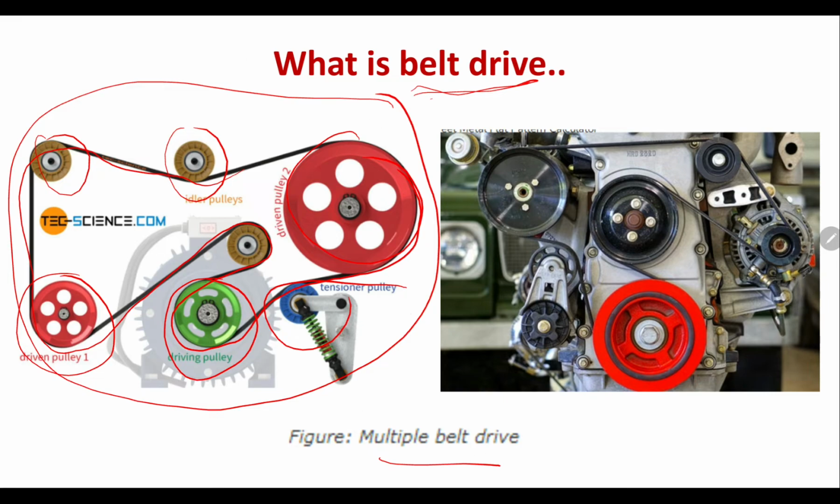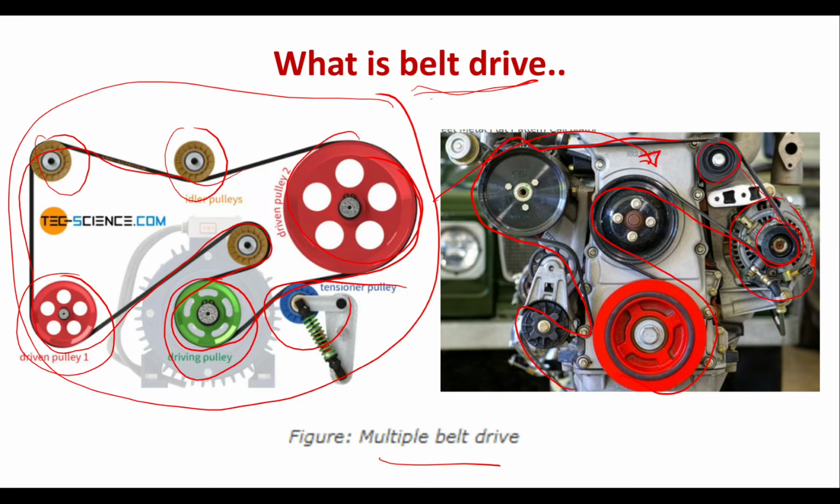The picture on the left hand side is a sketch of a multiple belt drive, and its application is given here in the case of a machine tool. You will see that the electric motor is there. It has a small pulley, and this pulley is connected to another pulley with the help of this particular belt drive. This belt drive is there for transmission of power to the various elements mounted on the machine tool.